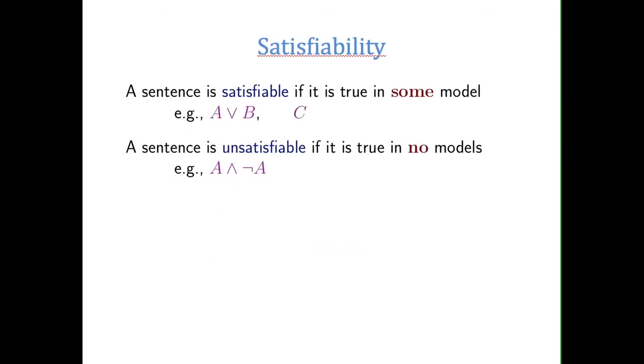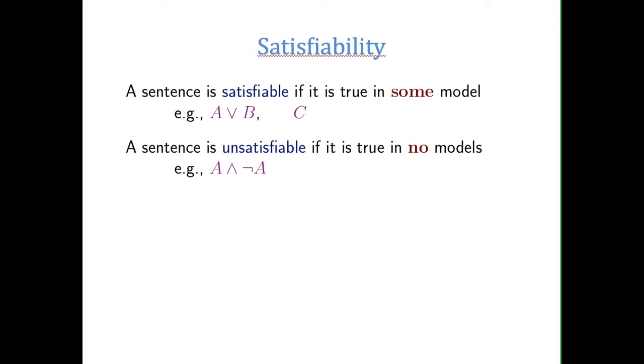The other concept we need is satisfiability. So a sentence is satisfiable if it's true in some model, that is, any model. So given that A and B can each take the values of true and false, a sentence like A or B is satisfiable because A could take on the value true or B could take on the value true or both.